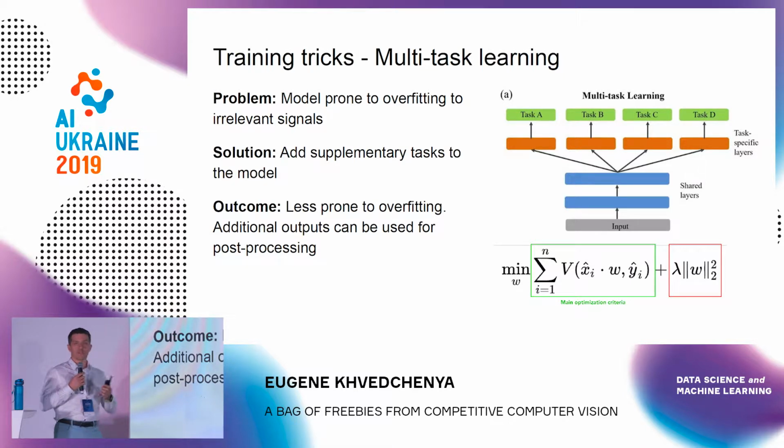It could be a binary classifier that will just predict there is a disease or there is no disease. So we then can use this output to post-process the mask that has been predicted. If the classifier says there is no disease at all, we disregard the mask predictions.